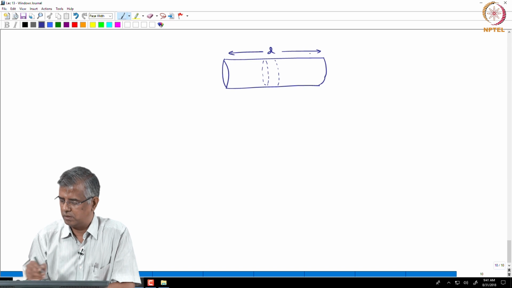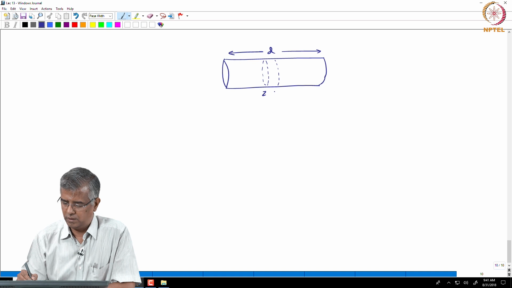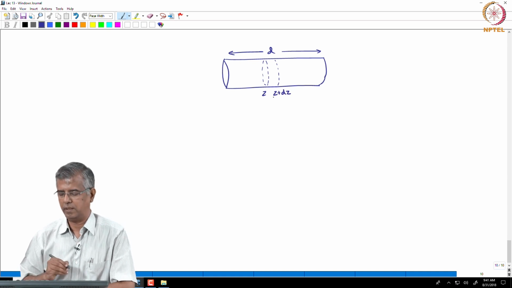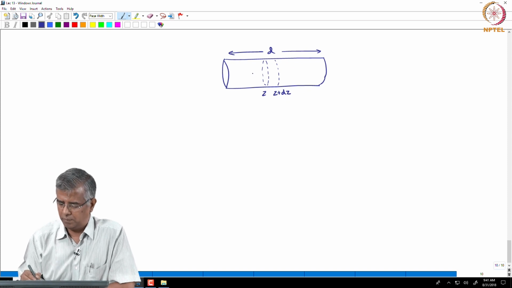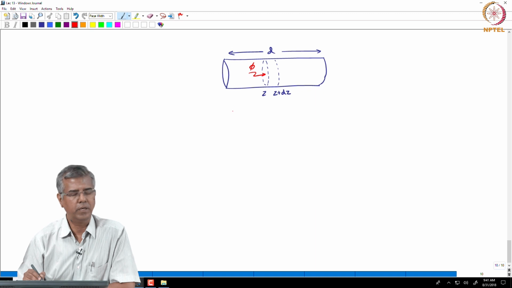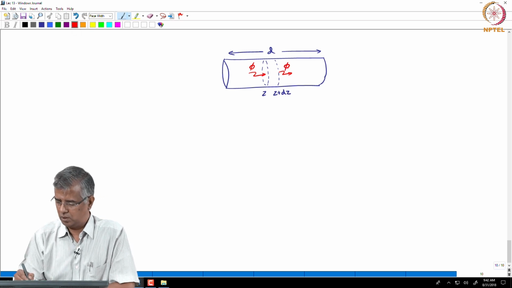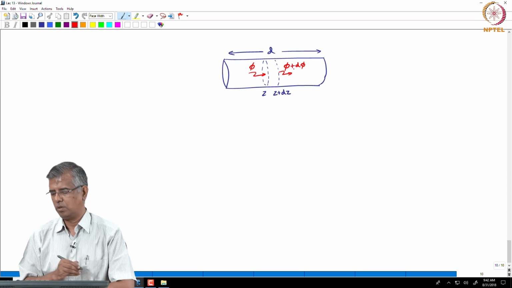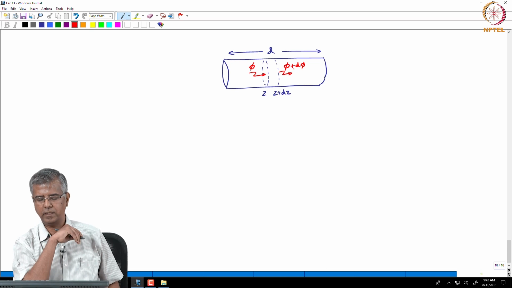So, the overall length of this gain medium is d, but I am considering a slice between z and z plus dz, okay. And I am also considering a certain flux density going into this region, and of course you have a certain flux density coming out, and we want to quantify that.